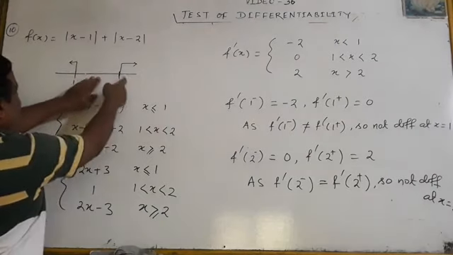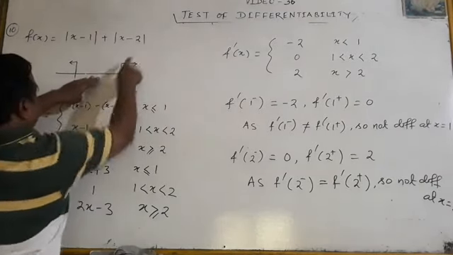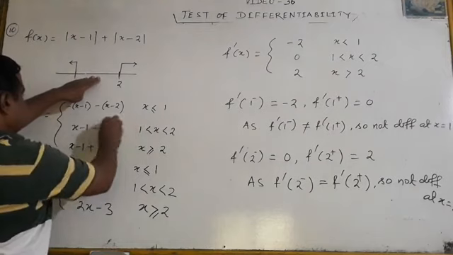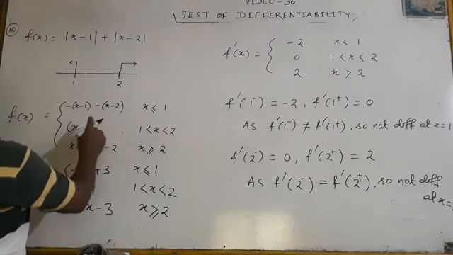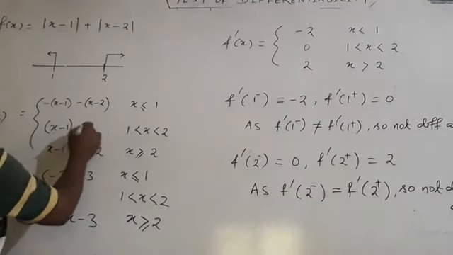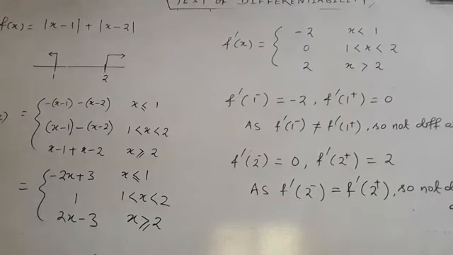When x is less than 2, it becomes minus of x minus 2. After opening, it becomes 1.